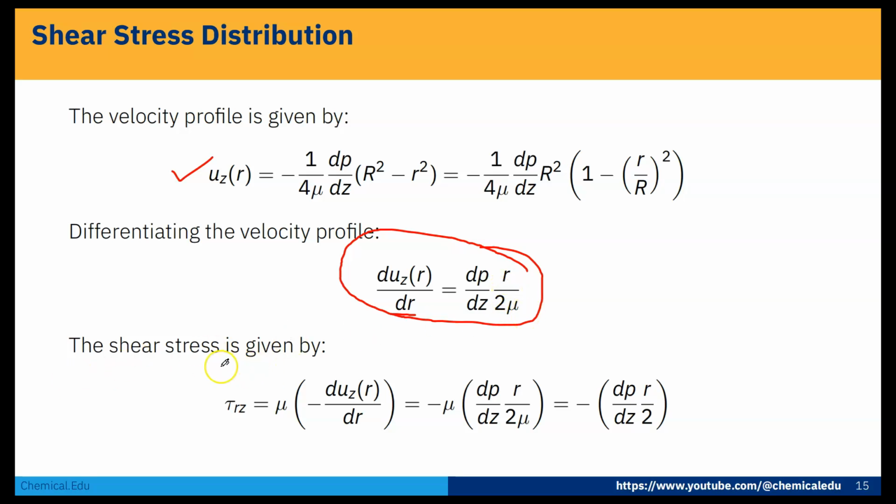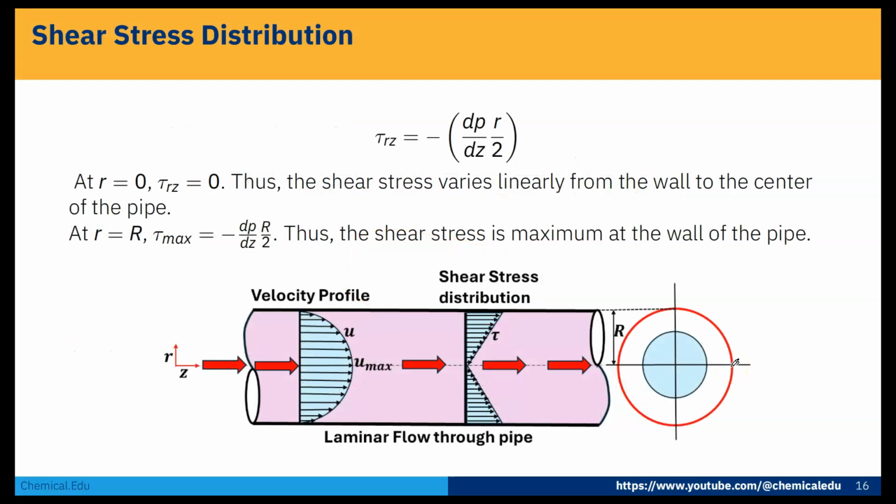Now shear stress, we know that tau rz is nothing but minus mu duz by dr. So if we plug in duz by dr, that will give minus dp by dz r by 2. So this is the shear stress distribution formula: tau rz is equal to minus dp by dz r by 2.